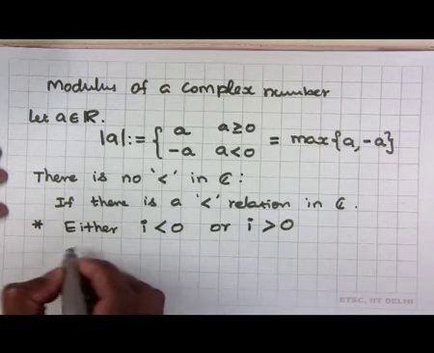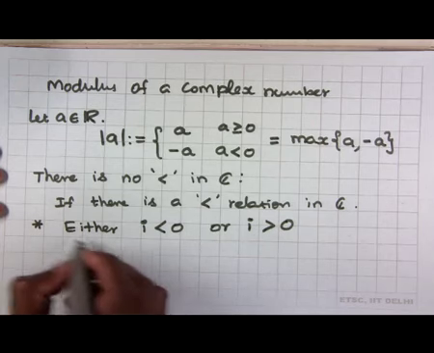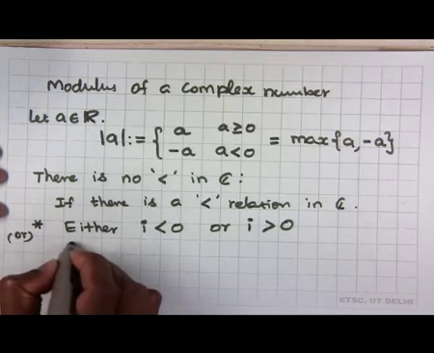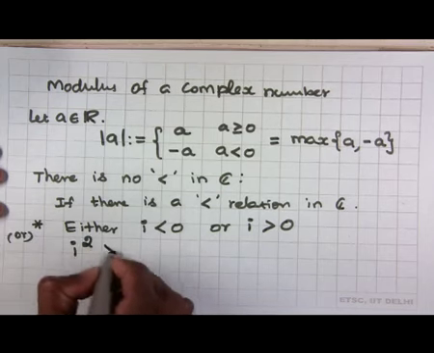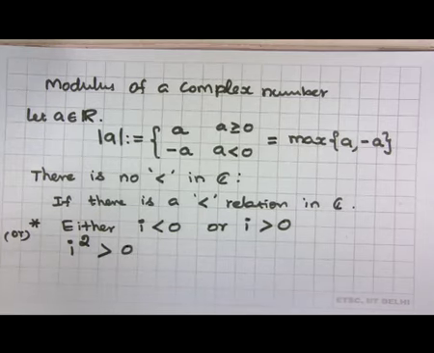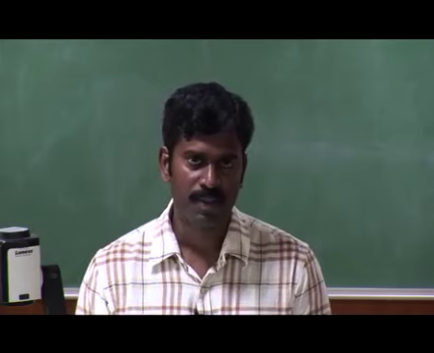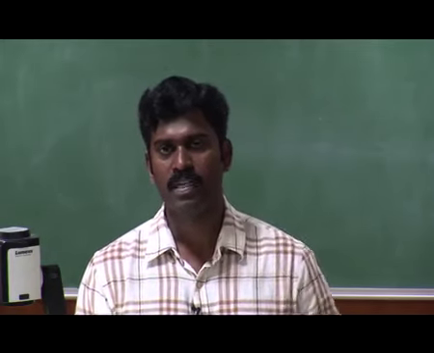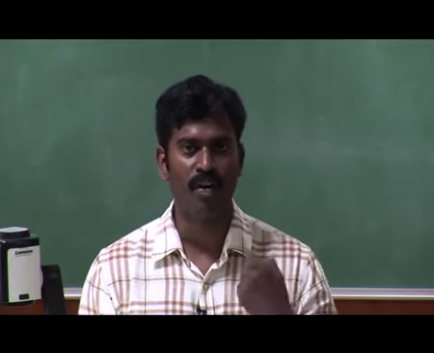Directly we could say that i square must be greater than 0. The reason is, whenever you have an order relation, we can show that a number multiplied by itself will be non-negative.